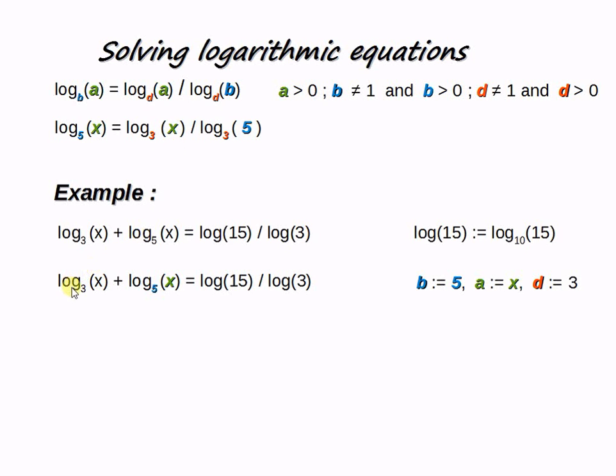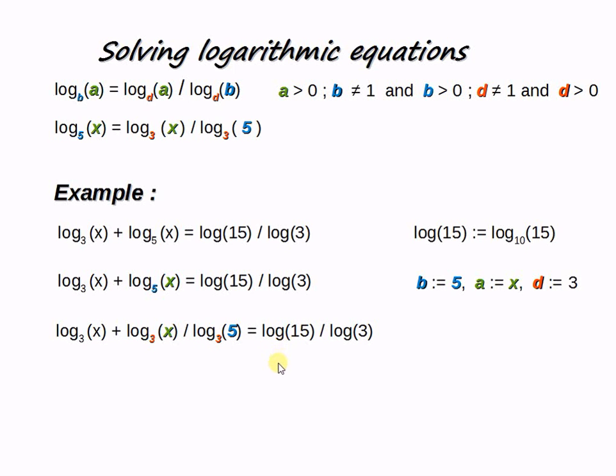So now we can rewrite the equation once again by replacing the second term with the equivalent quotient. Our next step is to apply the very same rule to the quotient on the right hand side of the equation, but this time we're going to do it in reverse order, because we would like to get rid of that quotient of two logarithms and replace it with one single base 3 logarithm.